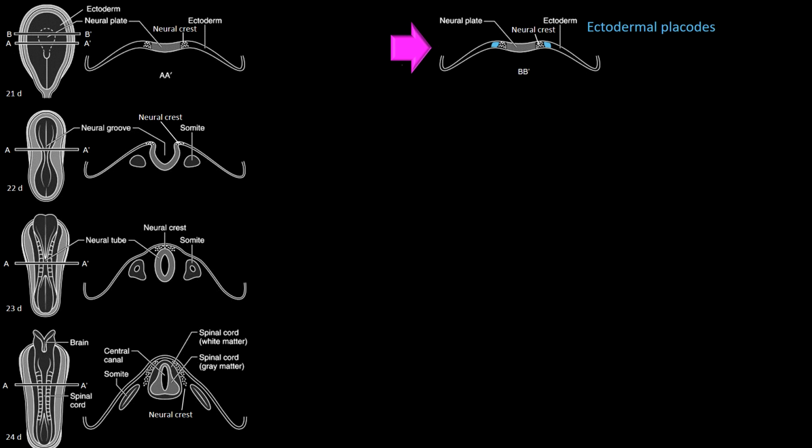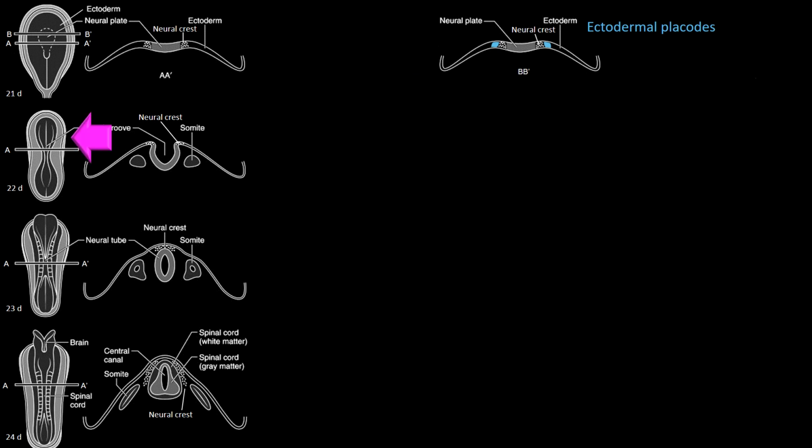I will represent this cut at the side of the panel, as you can see here. In this figure, you can see the same elements, but in addition, I have introduced in light blue an area by each side of the neural crest. These elements correspond to the ectodermal placodes.